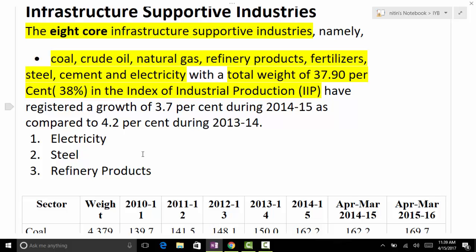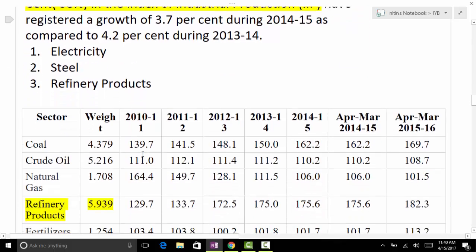Bring the 3 dealing with oil and gas together. What are these? Crude oil, natural gas, and refinery products. ताकि आप भूलेंगे नहीं 3 में से कौन सा रह गया. Then you have coal, fertilizer, cement, steel, and electricity. So these are 8. Then you need to see the weightage in IIP.